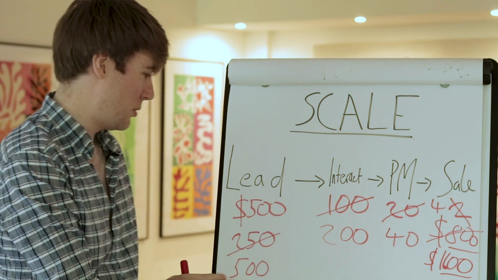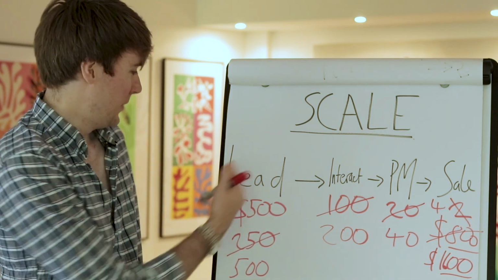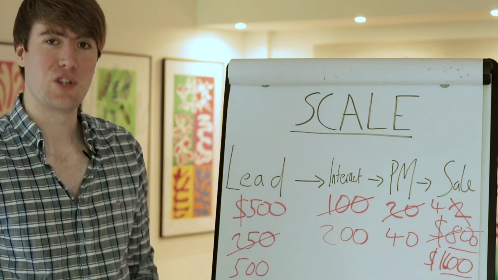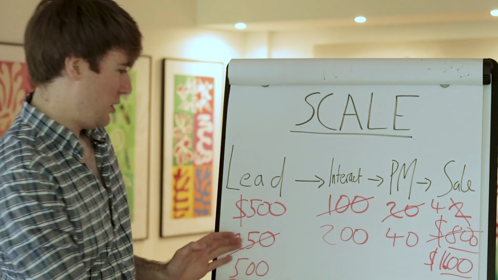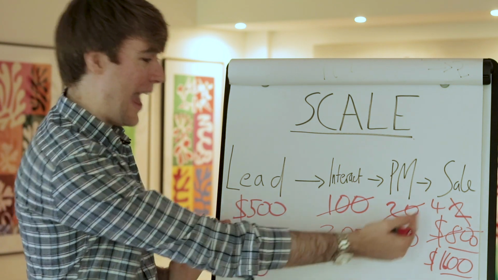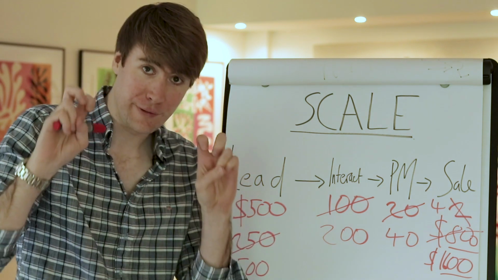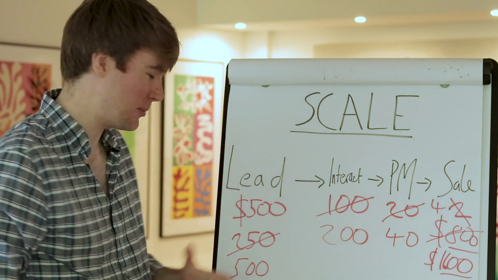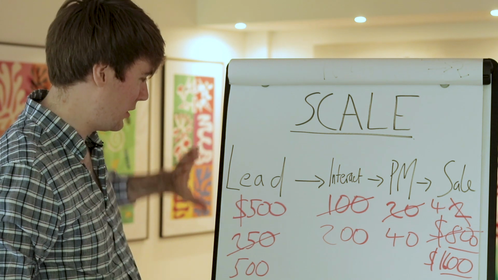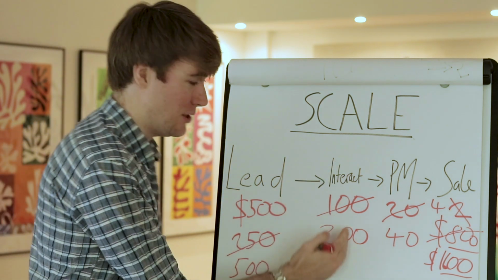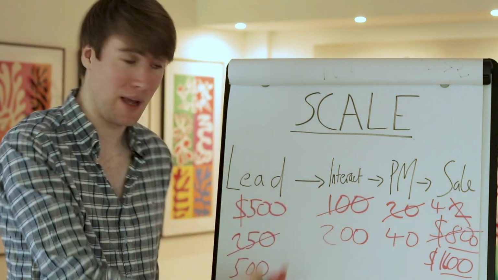So if you can double the effectiveness of your advert, you can effectively double the amount of sales you can generate. Now, you can tweak and improve every single one of these elements in your funnel, right? It's not really a funnel, but it kind of is at the same time. Like, you could make your lead cost way better. You can make your interaction rate way better by just having better content.